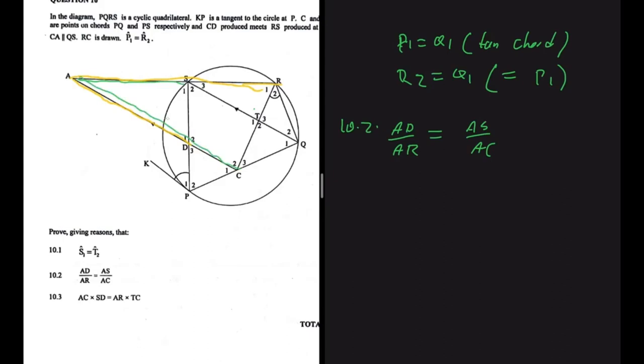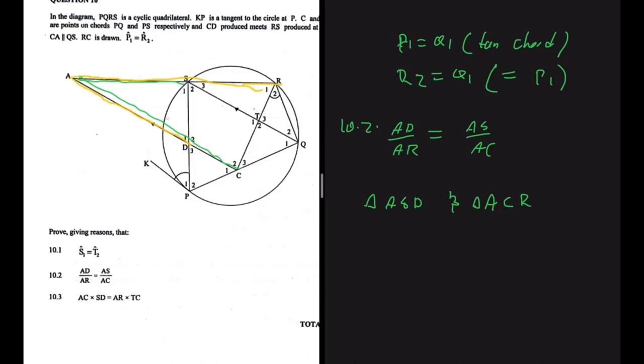So I can see immediately that this is all going on in two triangles, in triangle ASD and triangle ACR.